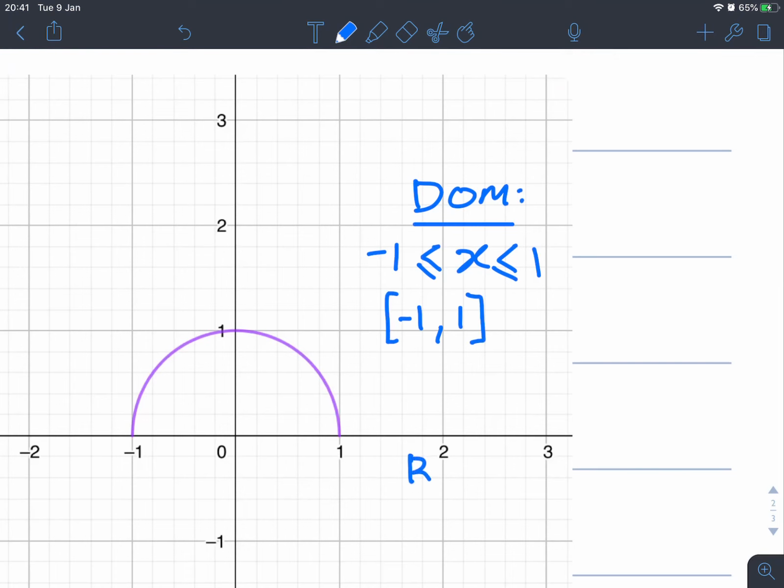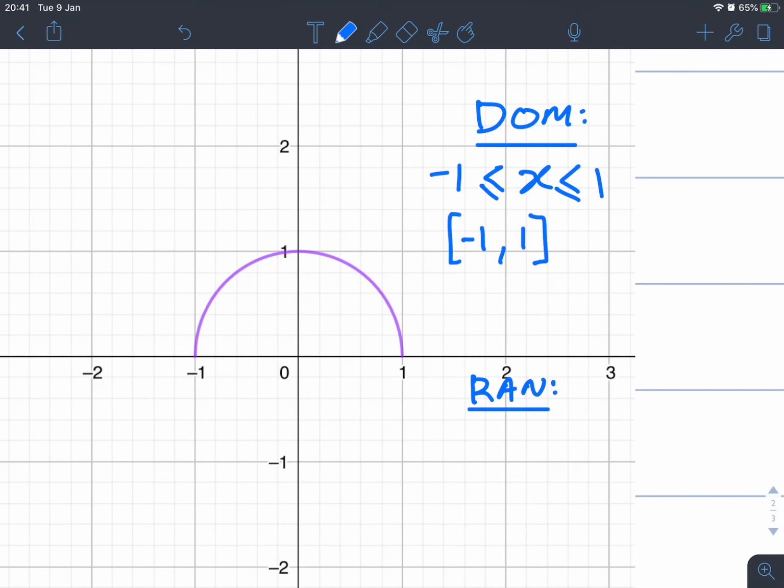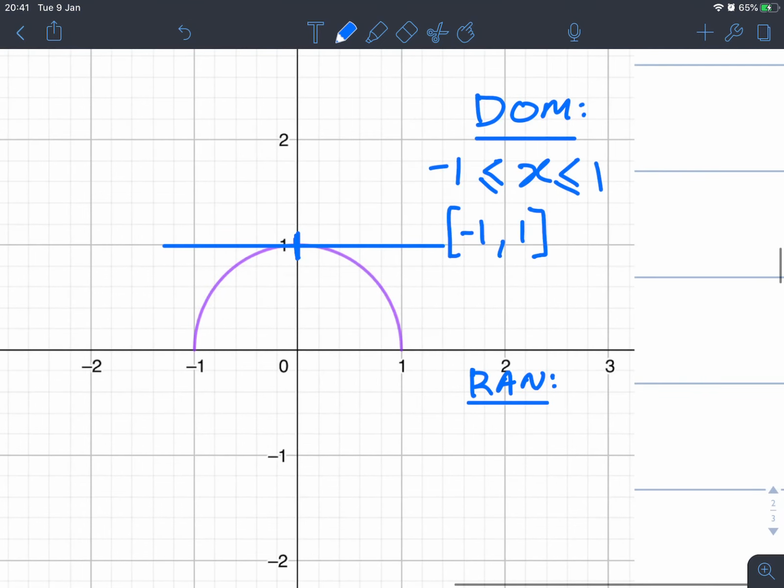The range of this function, what is the highest y value this can reach? As you can see here, the y value here is 1. That's the highest it can go.